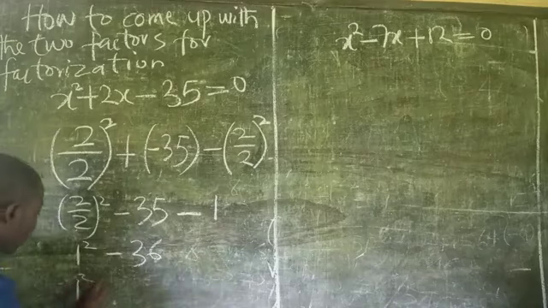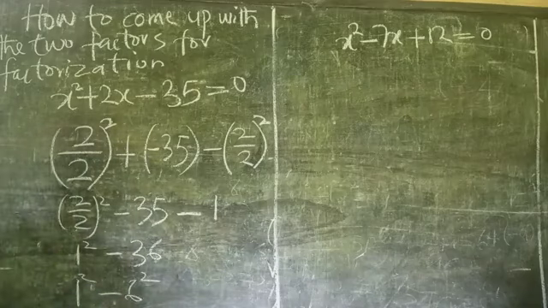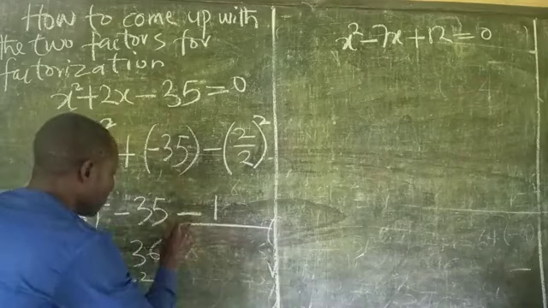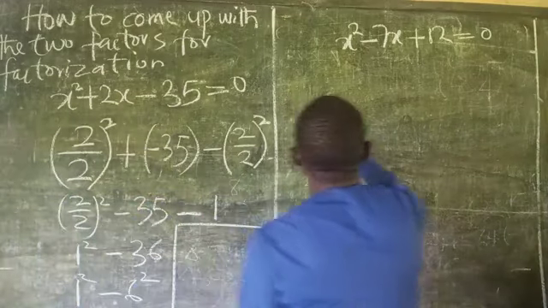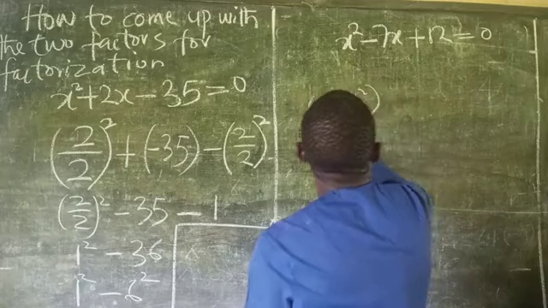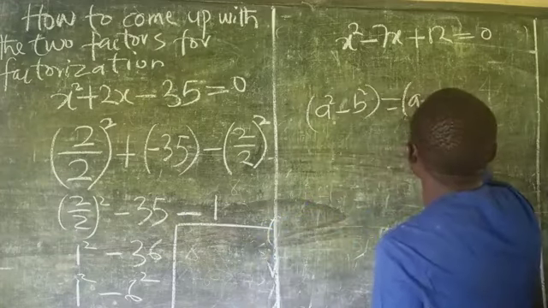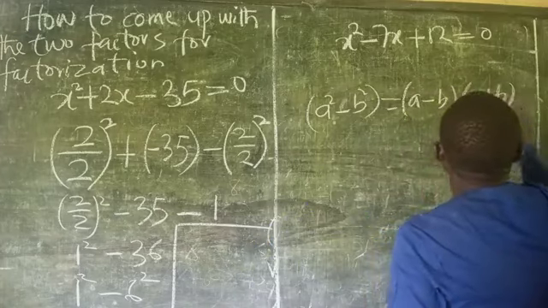And what is 36? 36 is 6 squared. You see that? If 36 is 6 squared, what do we do therefore? This is the difference of two squares. That is to say, if a squared minus b squared, can therefore be a minus b and a plus b.